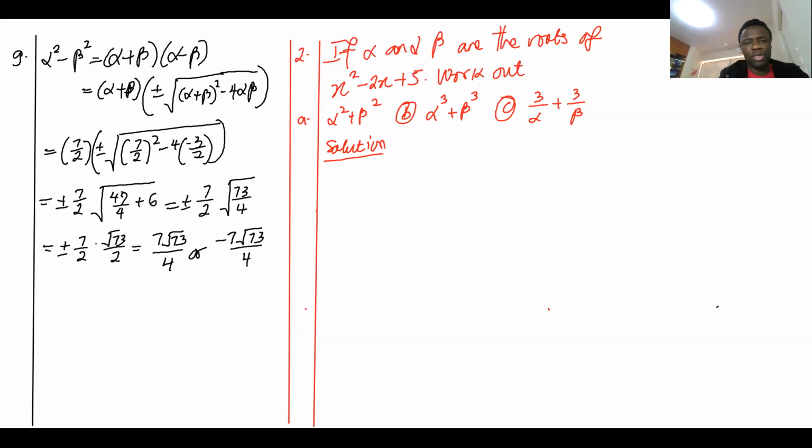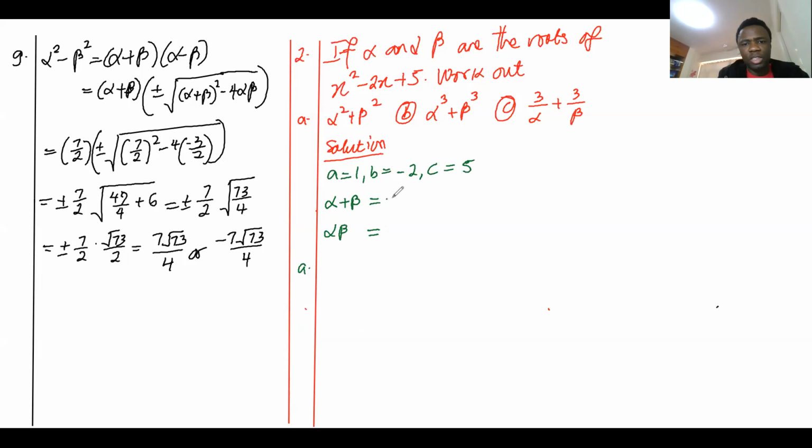clear, the first thing I need you to do is to identify your ABC. B is -2 and C is +5. After you identify your ABC, I need you to get alpha plus beta and alpha beta, even if it's not part of the question, before you can begin A. This is the first thing you need to do.